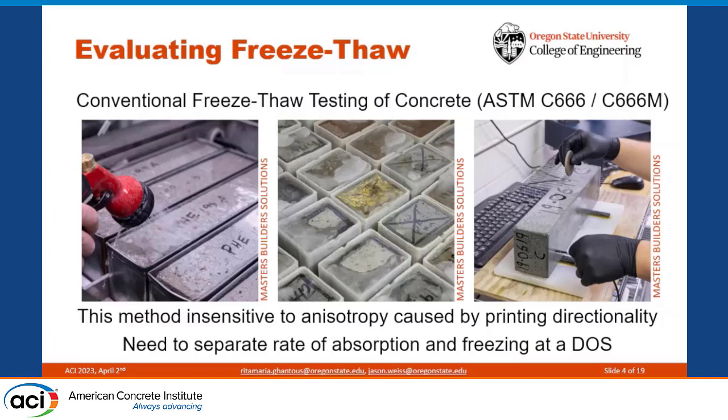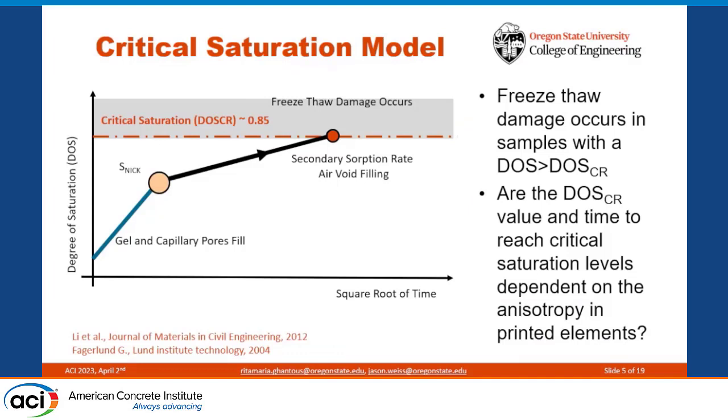To talk more about this second point, separating the rate of absorption and the freezing performance, we're going to talk about the critical saturation model. You have the degree of saturation on the y-axis, and square root of time on the x-axis. When you immerse a sample in solution, or when the sample is in contact with liquid, first the gel and capillary pores will get filled with solution until the knee point, which is matrix saturation.